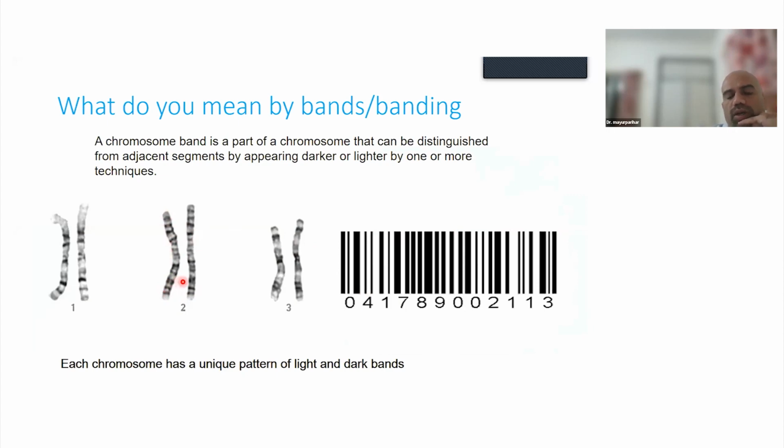Now, you must remember that the light bands have active transcription sites. So the light bands are the ones which will produce your RNA and protein, and the dark bands will not. So the more number of light bands a chromosome has means there are more number of genes that are present on them.